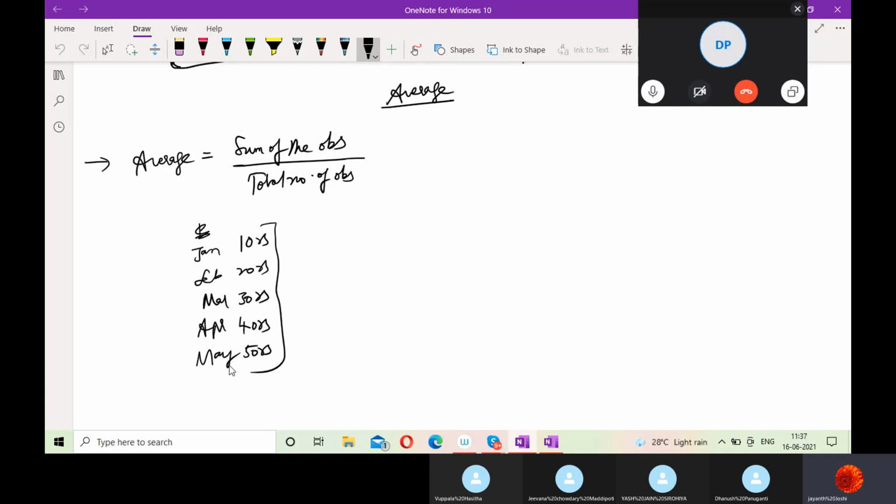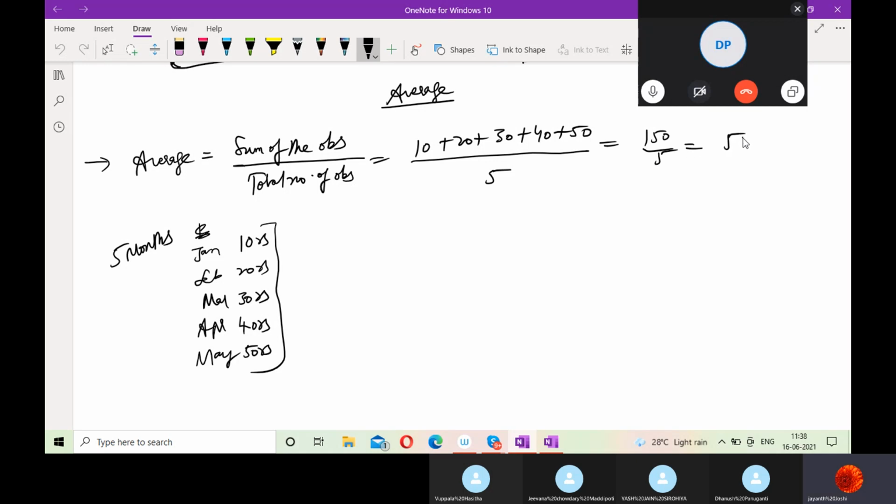My question is, what is the average salary you got in 5 months? The 5 months average salary would be the sum of the observations divided by the total number of observations. So 50 rupees on an average you have earned, correct?